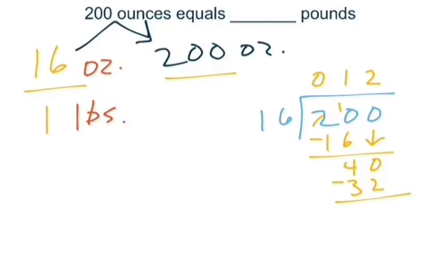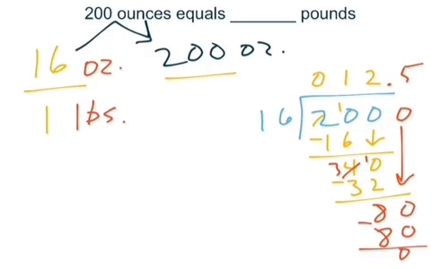And when you subtract here, you are going to get 8. And remember, you don't see it, but we got our other 0 to bring down. Got 80. And now I have a decimal point here. 16 goes into 80 5 times evenly. So I get 80, and then I can 0 this out right here. So I get 12.5.